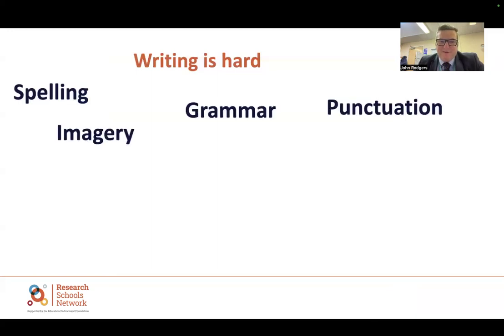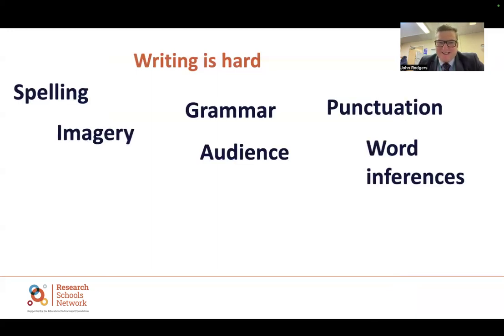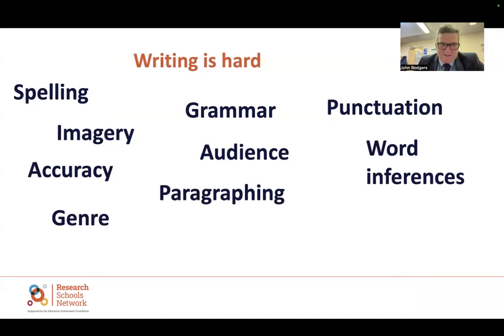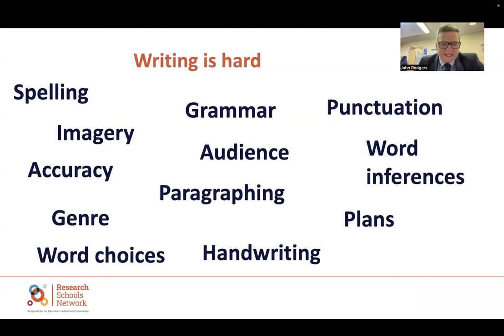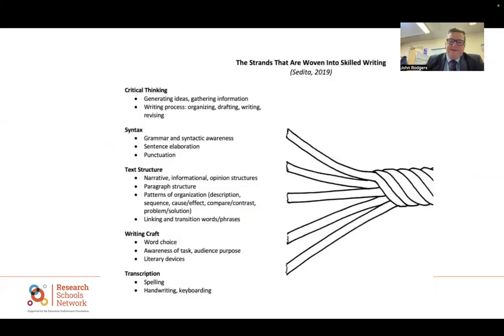So writing's hard. Here are some of the things we have to consider: spelling, grammar, punctuation, imagery, audience, word inferences, accuracy, paragraphs, planning, genre, word choices, handwriting, purpose. Oh my goodness, lots of things to think about. There are 2 models coming up now.